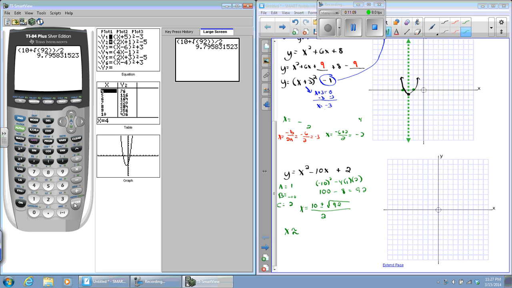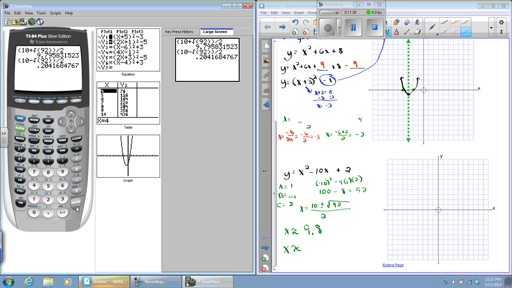So one of the roots, where are you? Oops. 9.8. Okay. And now I've got to do the same thing, but with the minus, right? All right, hold on a second. Second enter. Go over and edit that plus to a minus. And there we go.